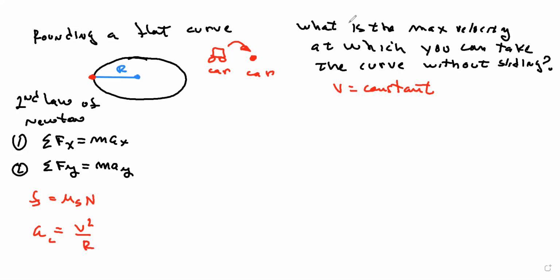So let's do a body diagram right here. And what do we have? This is going to be the x direction. This is going to be the y direction. And we have some forces. Okay, we have a friction force that comes this way. Let's call it friction force.